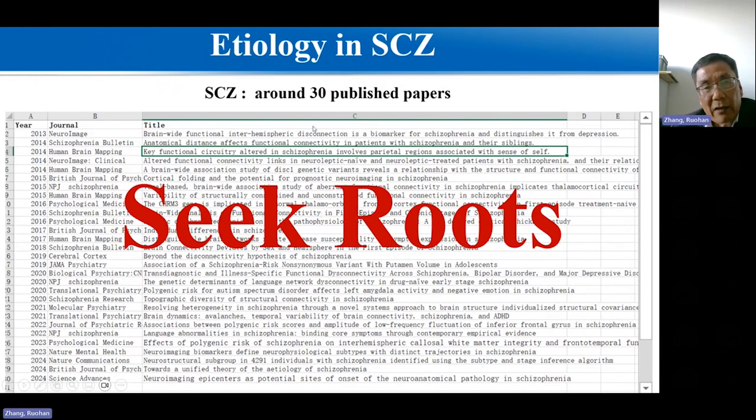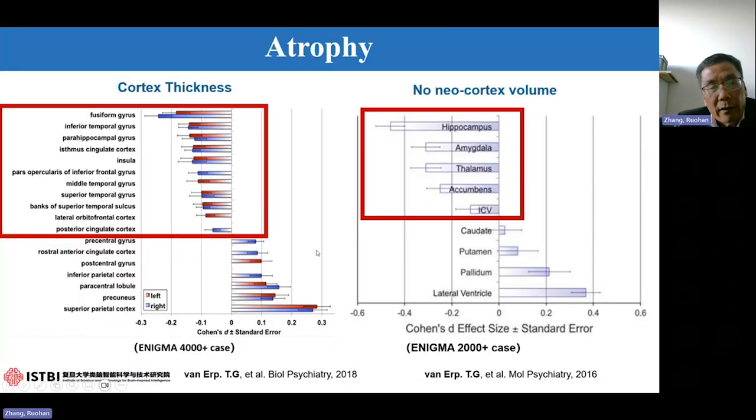In schizophrenia, one of the questions we have asked for the past 10 years is where's the starting point of the disease, for example schizophrenia or depression or actually AD as well. We have worked on this for the past few years. Our colleagues in America collected a huge dataset called Enigma, with 4,000 schizophrenia patients.